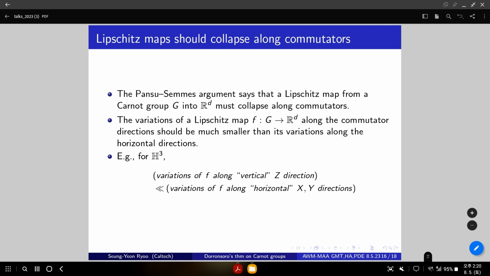To answer that question, let's look into the mechanism behind the Pansu-Semmes argument, which says that if you have a Lipschitz map from Carnot group G into RD, it should collapse along the commutators because that's what its differentiation does. So if you measure the variations along the commutator directions, it should in principle be smaller than the variations along the horizontal directions. For an H3, it means that if you measure the variations of F along Z directions, it should be smaller than the variations along the XY directions.